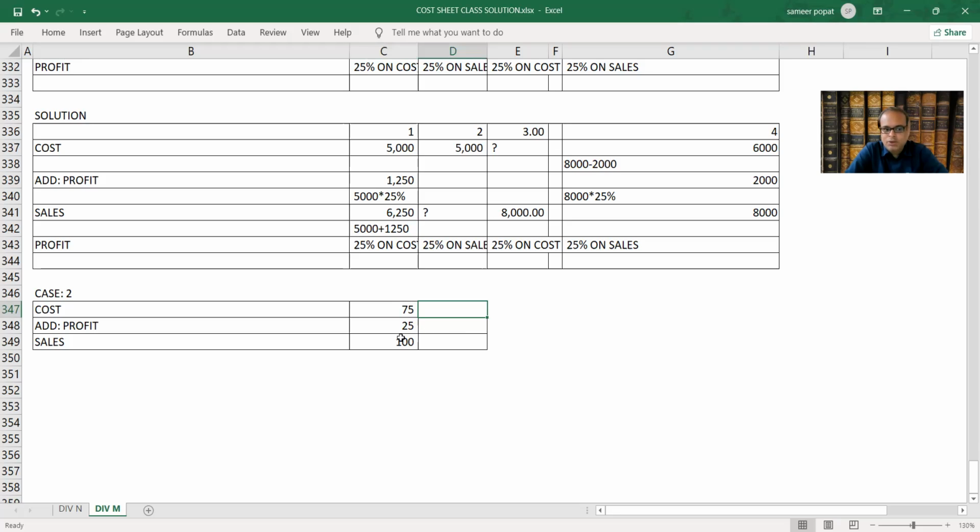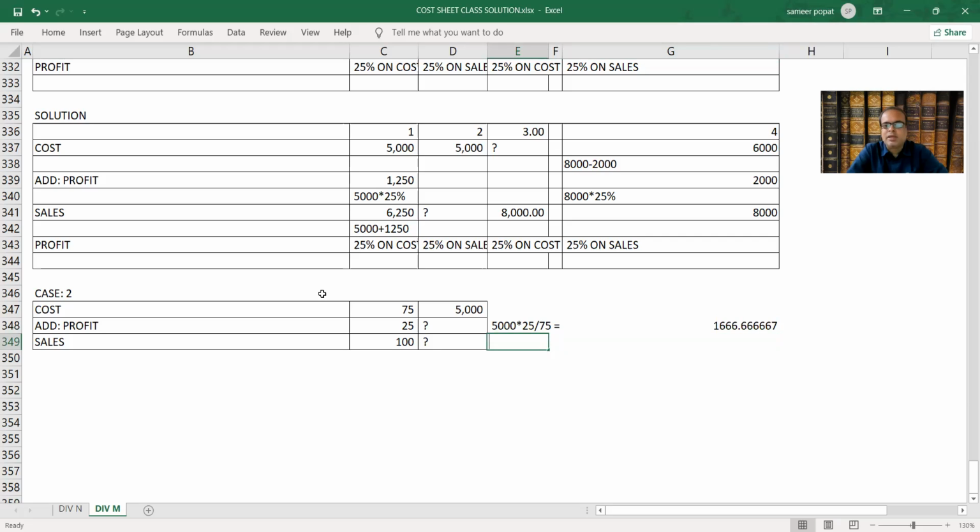Now out of these 3, cost, profit and sales, one amount is given to us, that is cost. So this 5,000 will represent 75. So how much would be this 25 and 100? 5,000 into 25 divided by 75 is 1,666.67. So we can take 1,667.